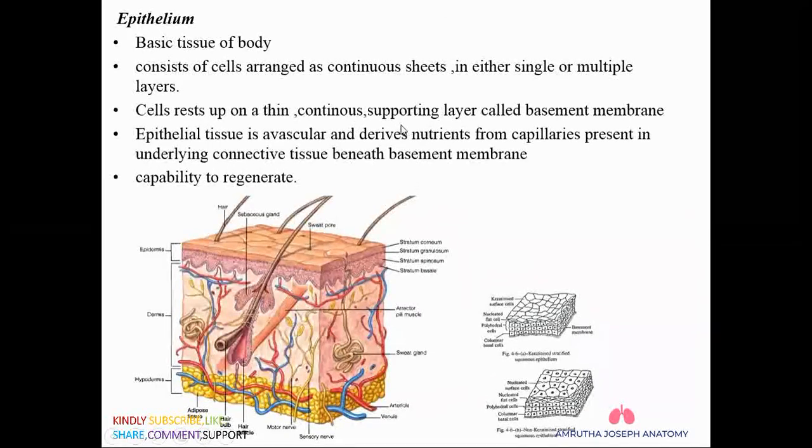So how will you define the epithelium? You should know that epithelium is a basic tissue of the body. This is the epithelium. This is a section of skin, and this is epidermis. So epidermis is an epithelium.